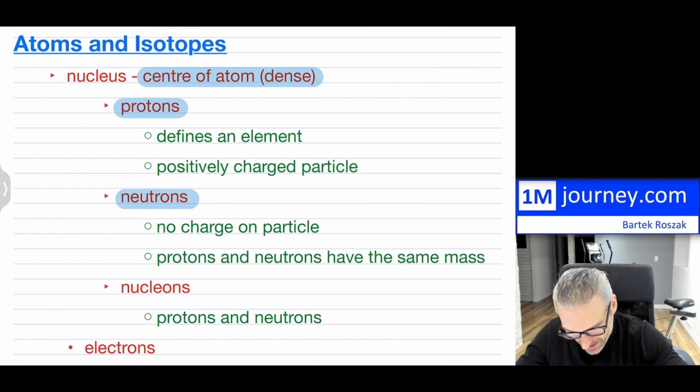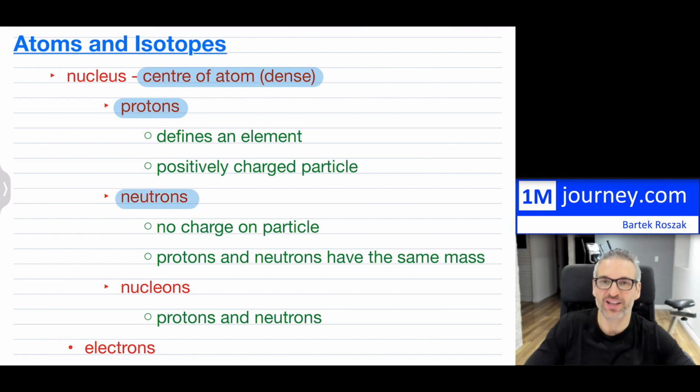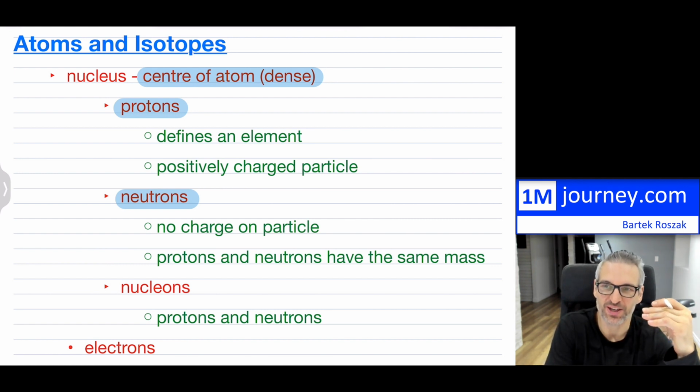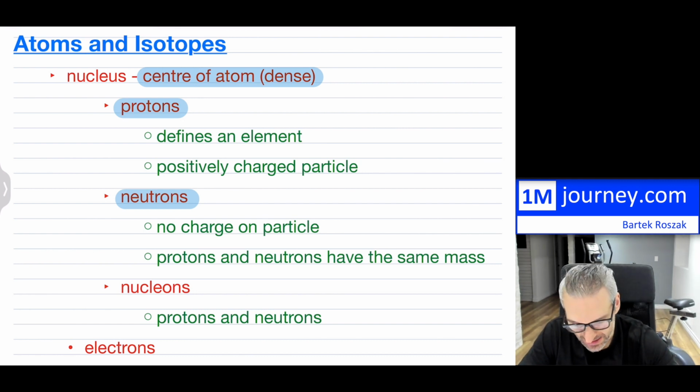neutrons. Now, it is rather interesting that when we define these things, in terms of protons, it is the main topic of discussion within chemistry, and very often, and I'll do the same thing here, protons, for instance, are defined as positively charged particles.